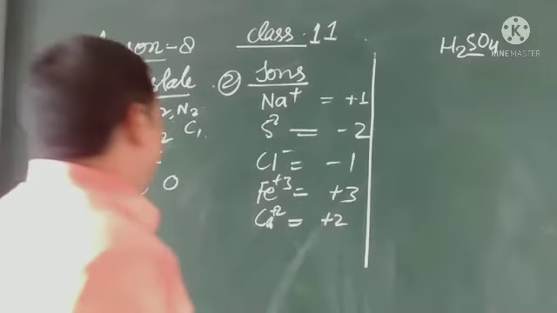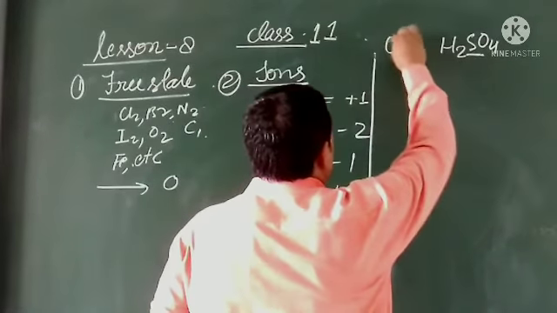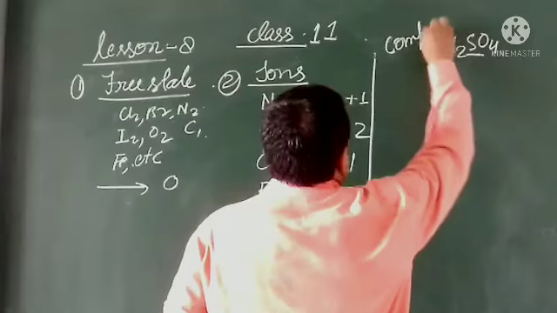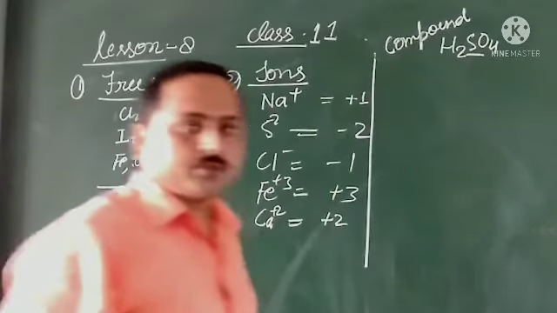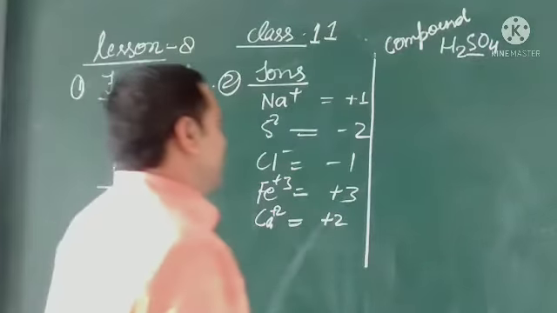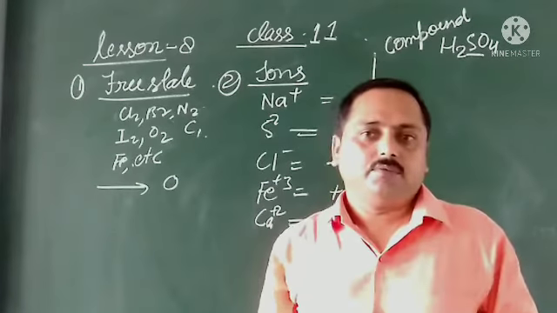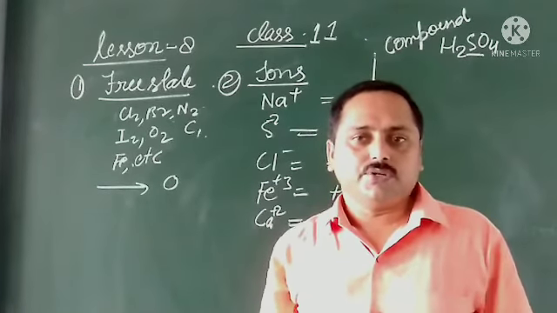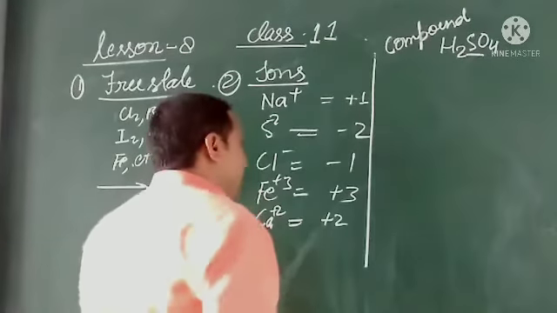So here I have taken one example, a compound. I have taken H2SO4, and here I am going to calculate the oxidation state of sulfur. So let us see how it will be calculated.